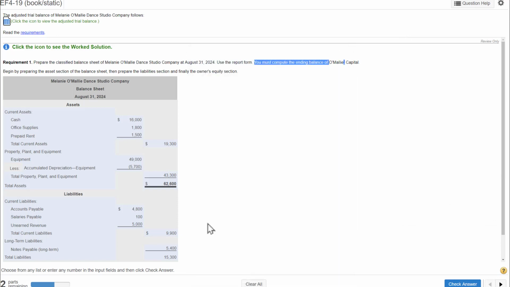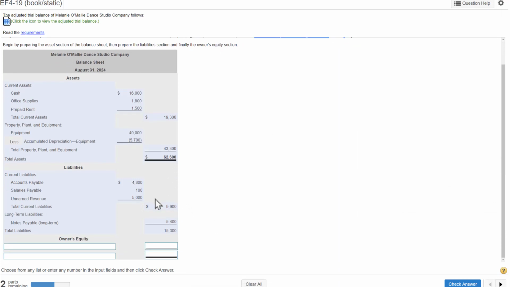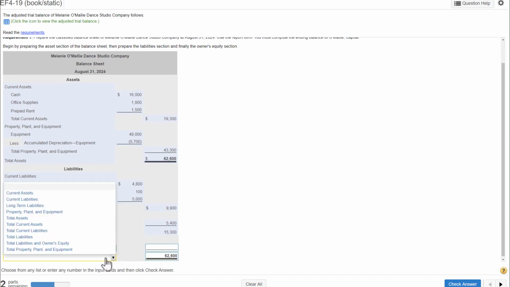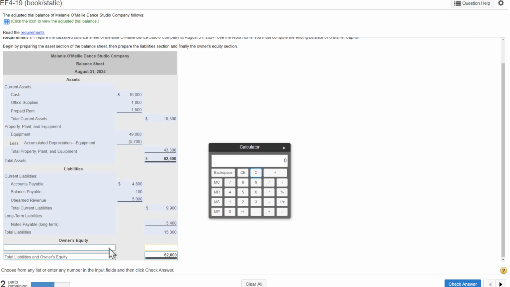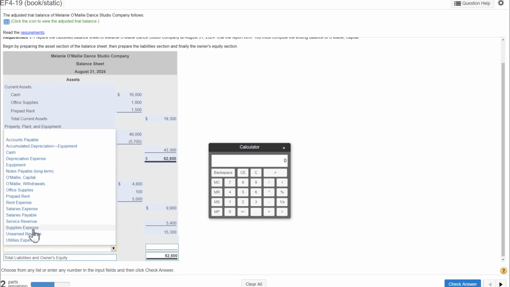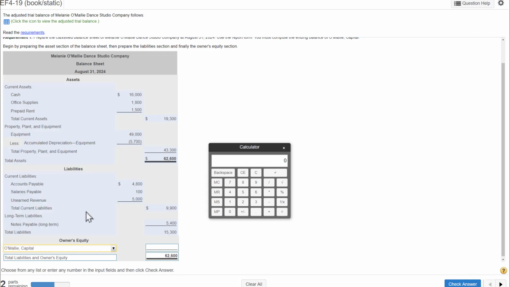So because this is a balance sheet, we know that the total liabilities and owner's equity must equal total assets. So it must equal 62,600. So to calculate capital, I need to figure out 15,300 plus what equals 62,600.